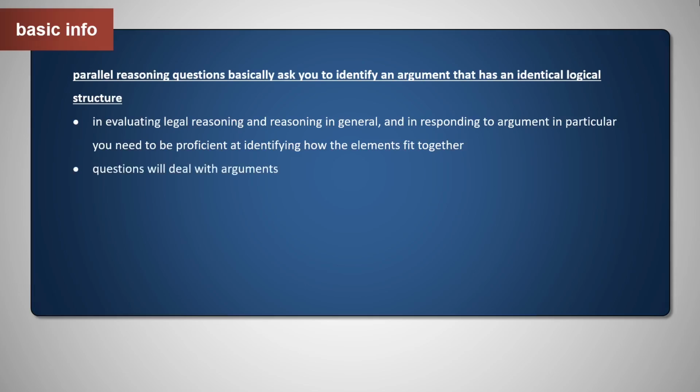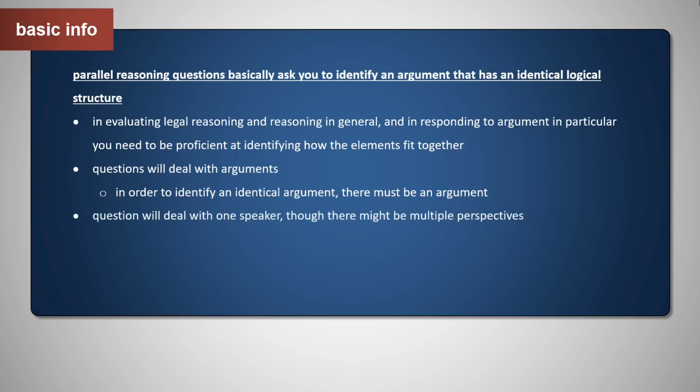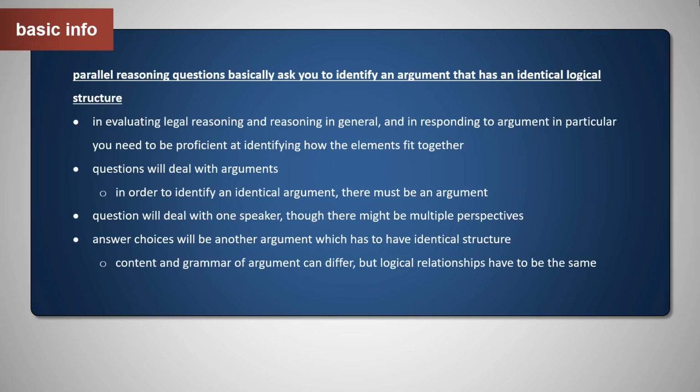These questions are always going to deal with arguments because in order to identify an identical argument, there must be an argument to begin with. The question will generally deal with one speaker, though there might be multiple perspectives. And the answer choices will be another argument which has to have identical structure. The content and the grammar of the argument can differ, but the logical relationships have to be the same.